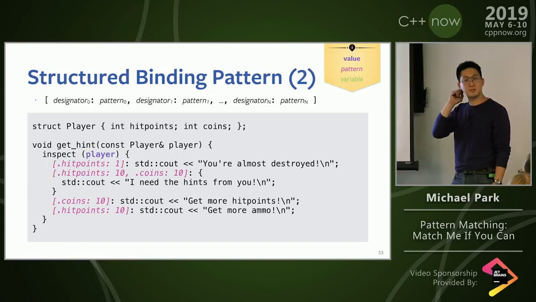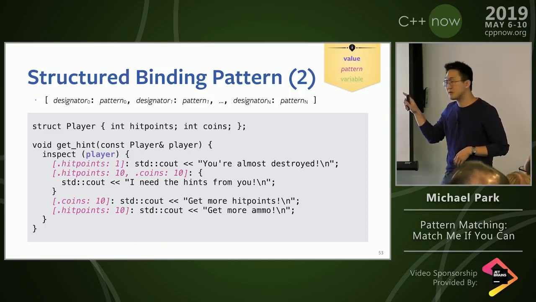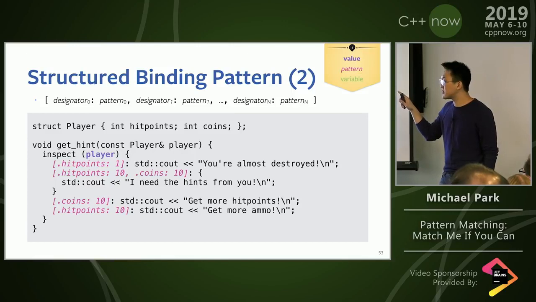Any other questions on this? If inside of the struct the hit points itself is a struct, then in patterns can I specify dot hit points dot subfield in a nested manner? So if hit points was a struct, you would say dot hit points colon square brackets, and then whatever fields hit points has.